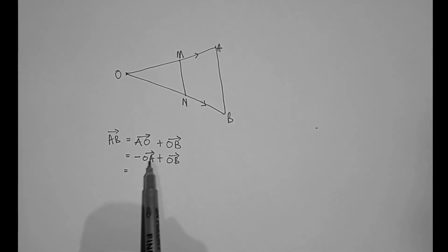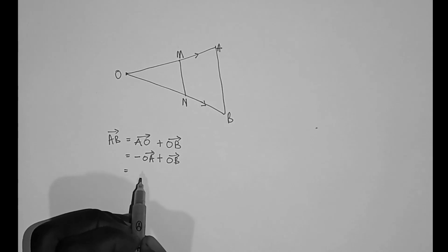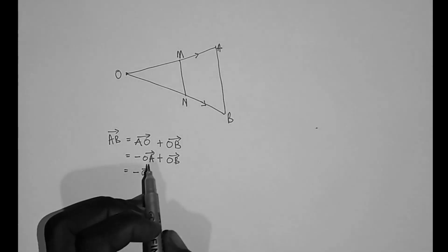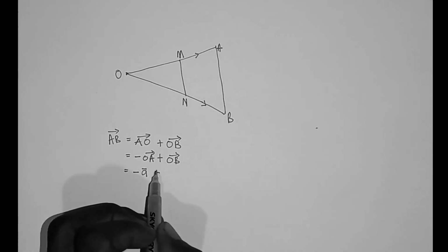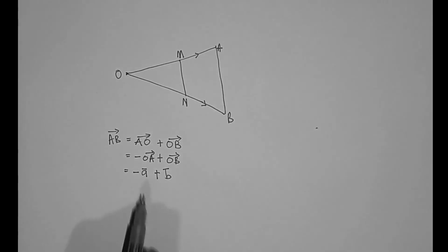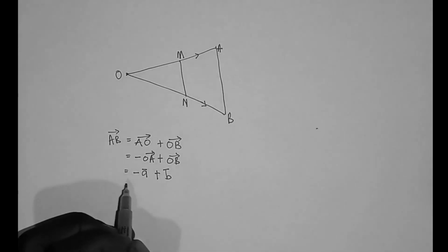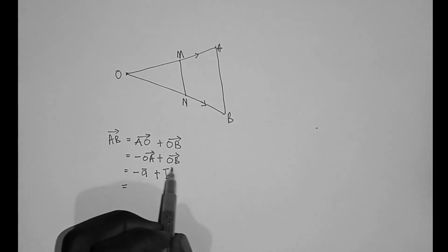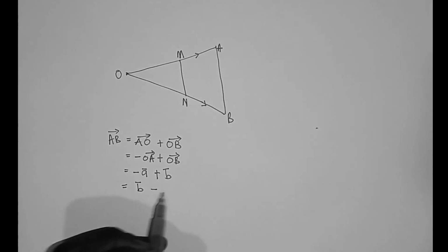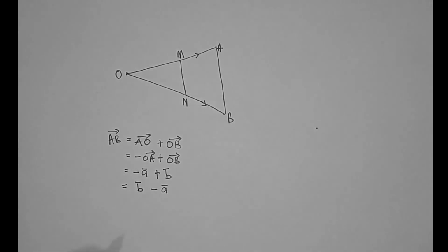What is the vector OA? It is the position vector A, and therefore this becomes minus the position vector A, then plus the position vector B, because OB is the position vector B. So this is equal to, I want to write the position vector B first, so it becomes B minus A. So this is the way to find AB.